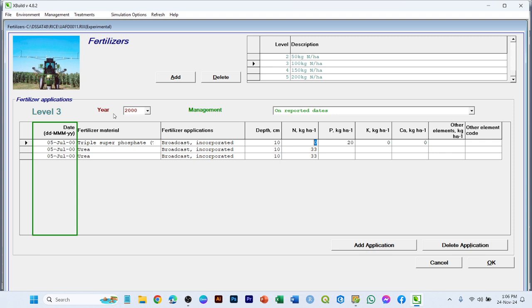But you have to change the source as well. Muriate of potash. It's actually in the form of, let me check.